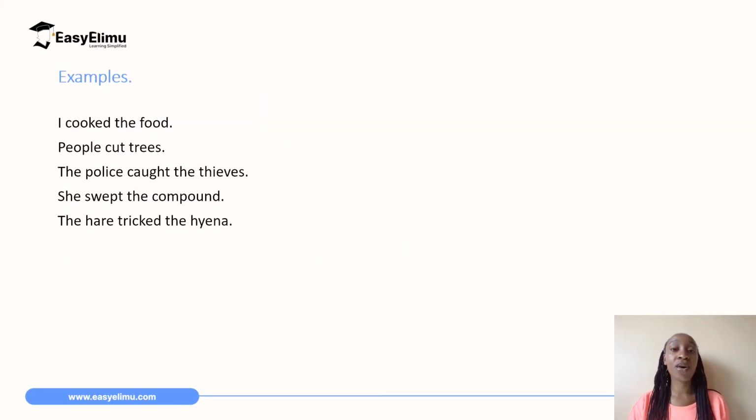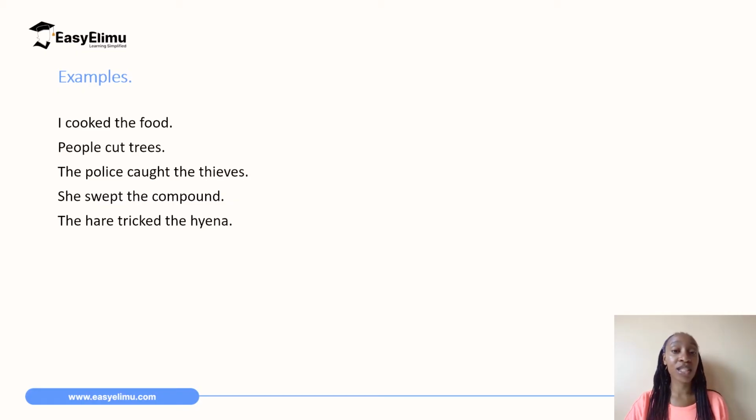So let us now have a look at a few examples slowly by slowly and try to determine what is the subject, what is the object, what is the verb in each of these sentences. The first sentence, I cooked the food. When you look at this sentence, what is the subject? Remember, we have said the subject is the doer of the action.